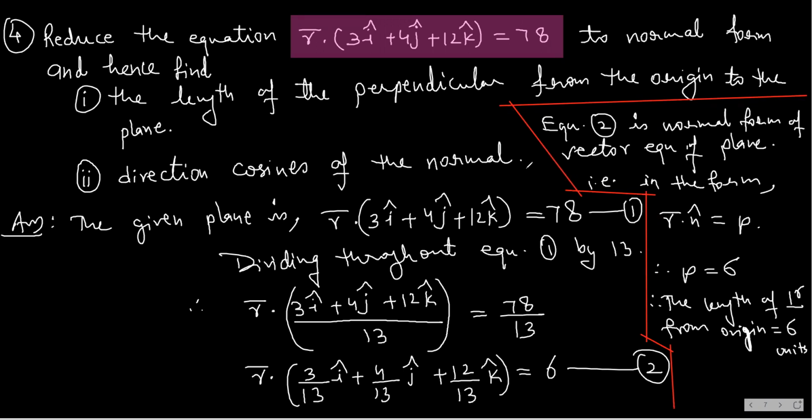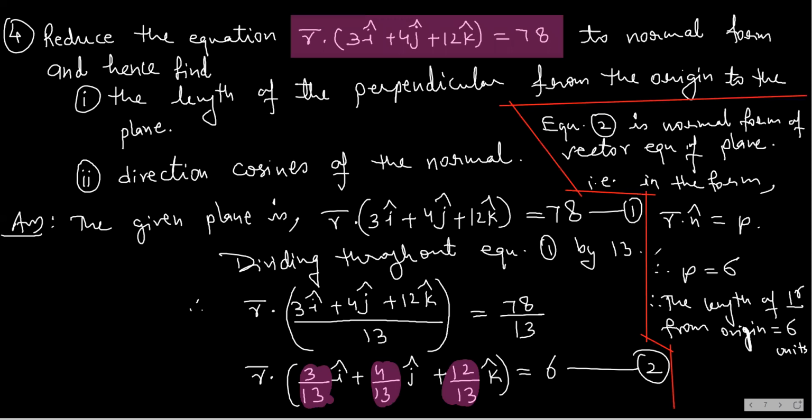Then we have the next: the direction cosines of the normal. Now see students, once you have converted into normal form, the coefficients of i cap, j cap, k cap are the DCs of the normal. I will write 3 by 13, 4 by 13 and 12 by 13.